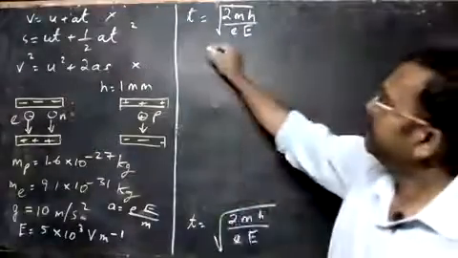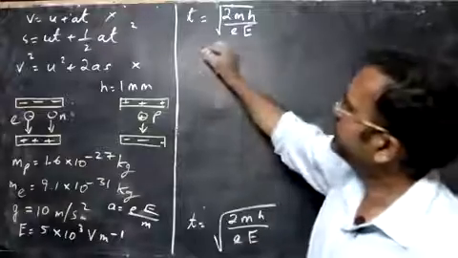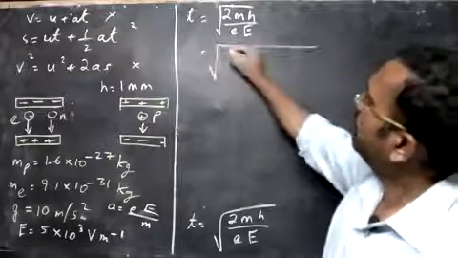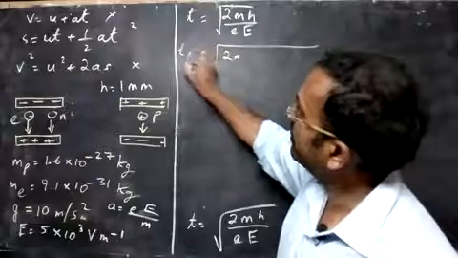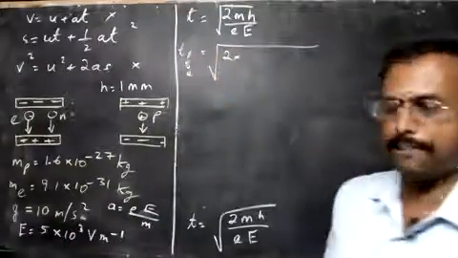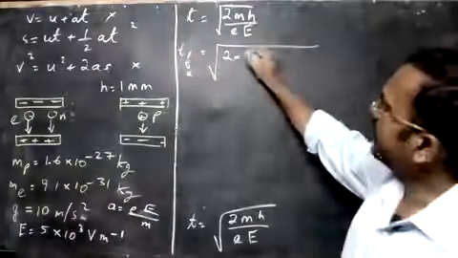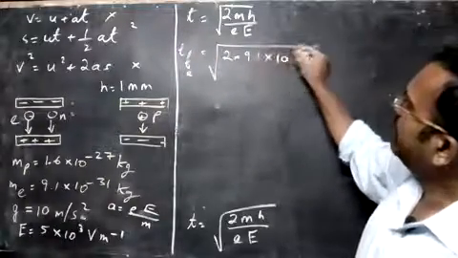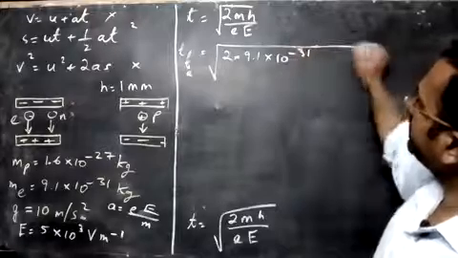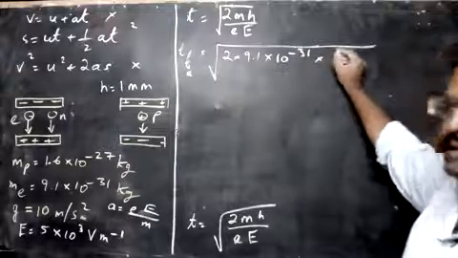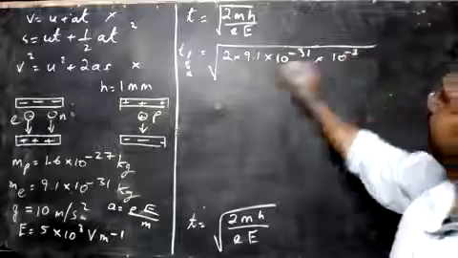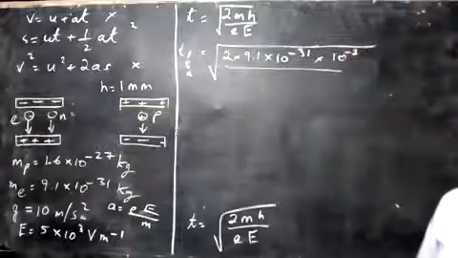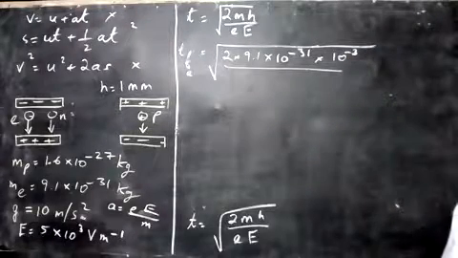Let's substitute the values here. Root of 2 into the mass of the electron. Now we're going to see the time of flight for the electron only. The mass of the electron is 9.1 into 10 power minus 31, into height, that is 1 millimeter, that's 10 power minus 3 meters, divided by small e, the charge of an electron.